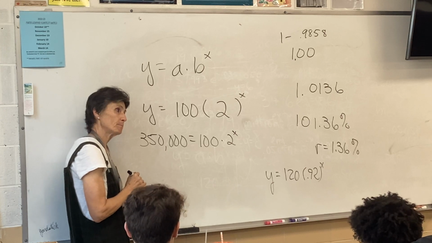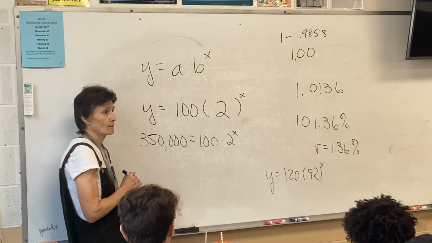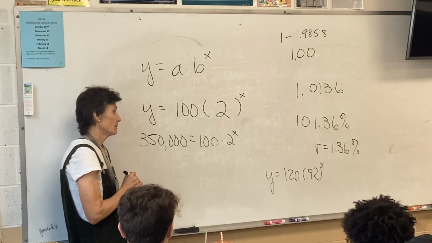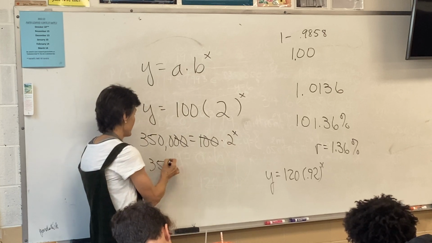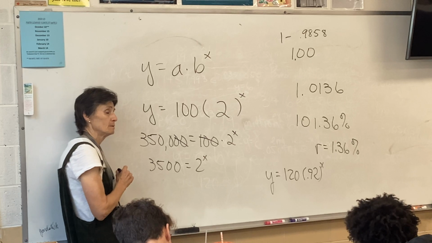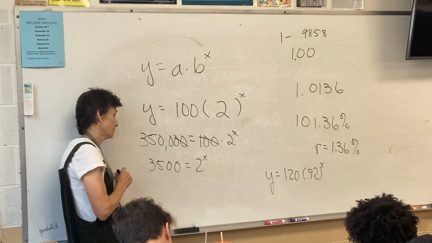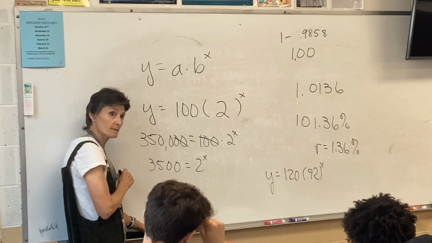I see a bunch of you typing away, that's awesome. What are you typing? What are you doing? Divided by 100. First you're going to divide by 100, okay? So now I have this equals 2 to the x. Now what? Log both sides.